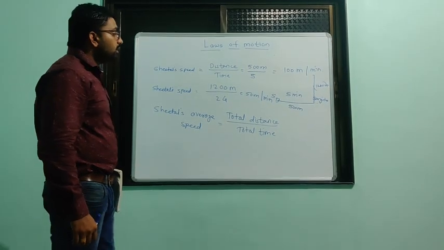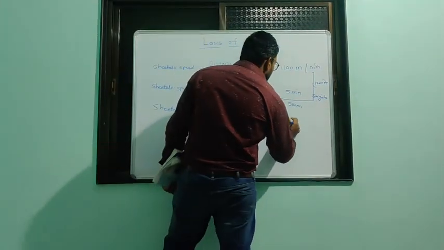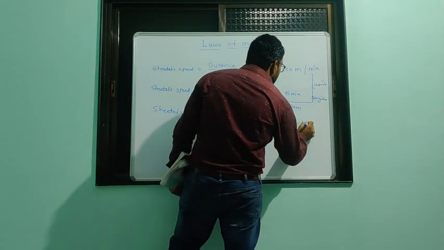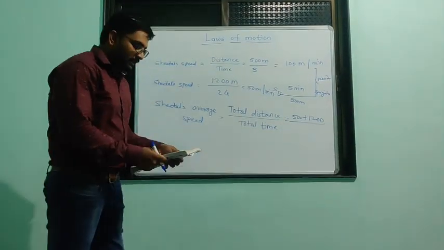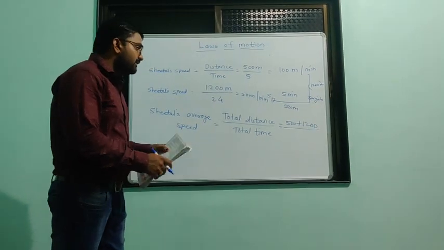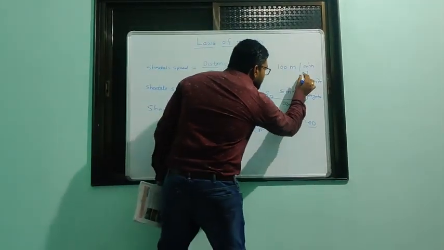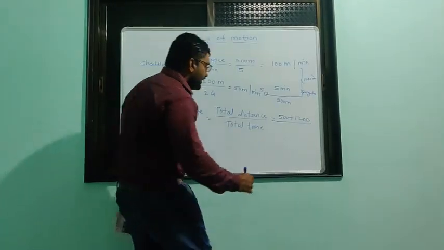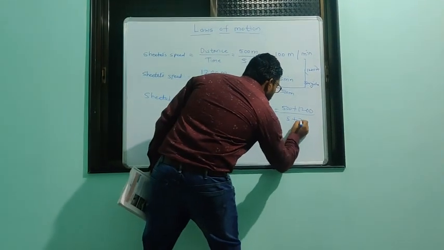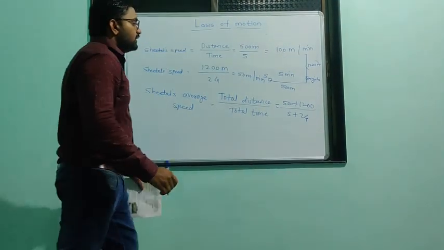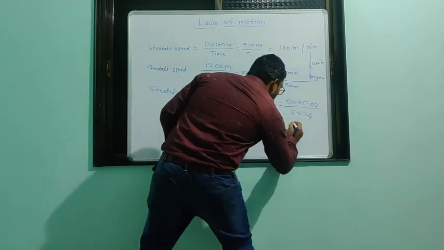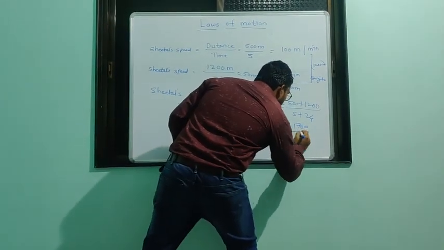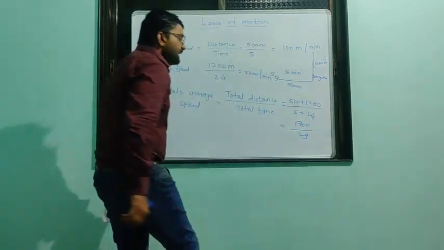So the total distance is 500 plus 1200 meters. Then the total time is this 5 minutes plus this 24 minutes, so 5 plus 24 minutes. So it will be equal to 1700 upon 29.